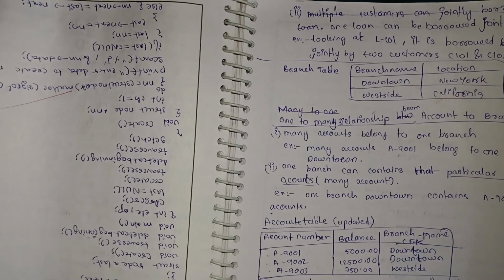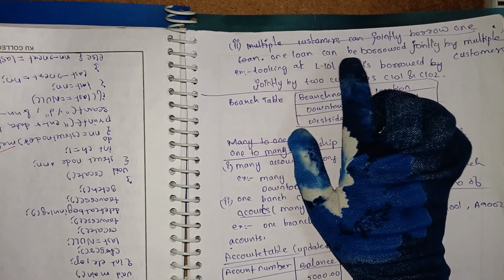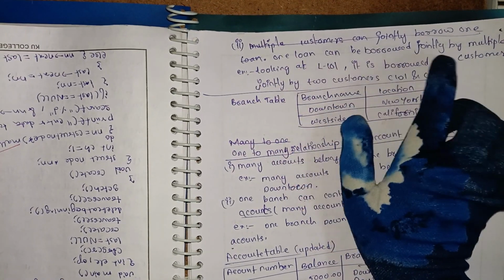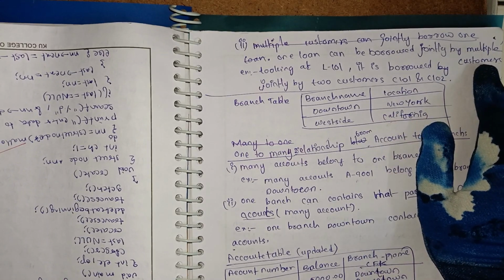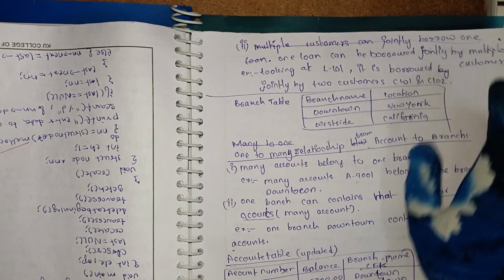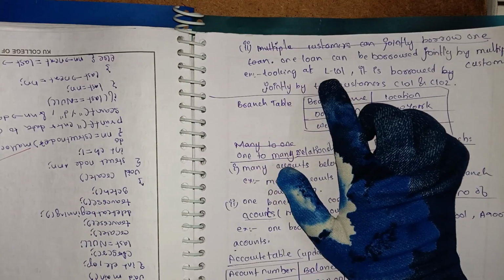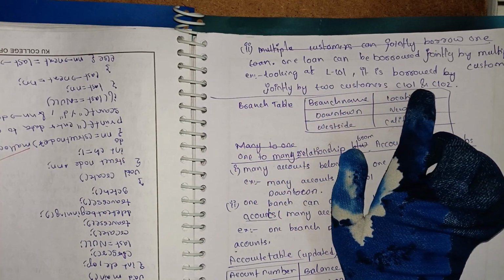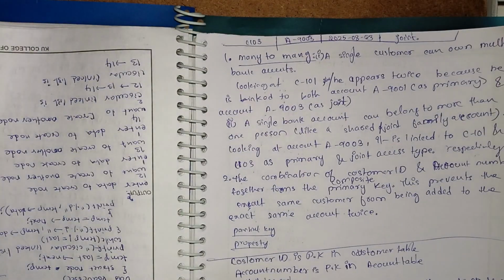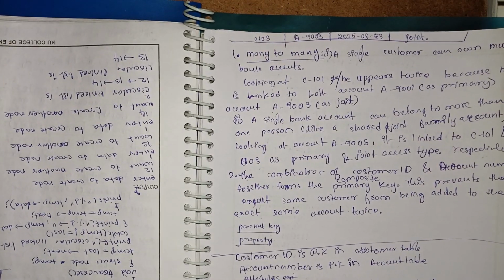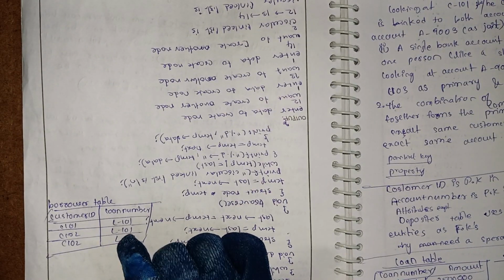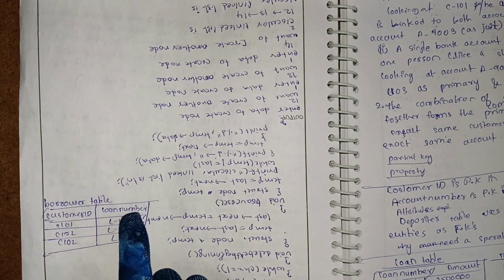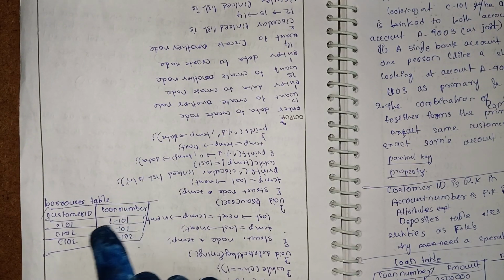And then, one loan can be borrowed jointly by multiple customers. Looking at L101, it is borrowed jointly by two customers, C101 and C102. These loans, L101 and L102, are borrowed jointly.